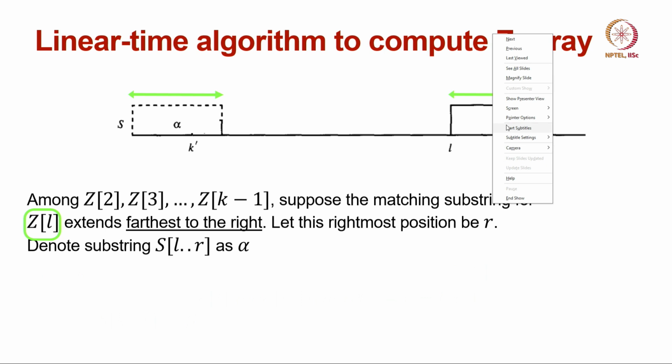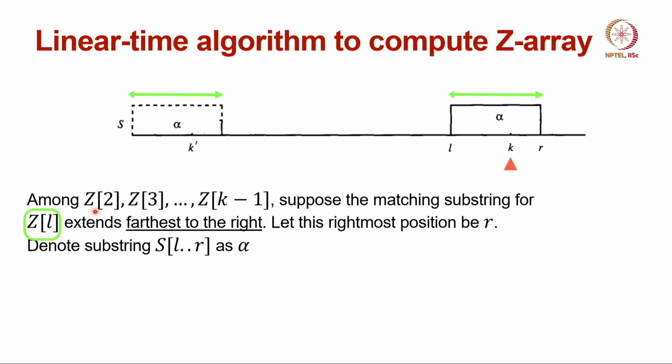So, I need to define two notations here. One is L. Let us look at the values of Z2, Z3 until Zk minus 1. So, these are the substrings that are matching to the prefix of S.